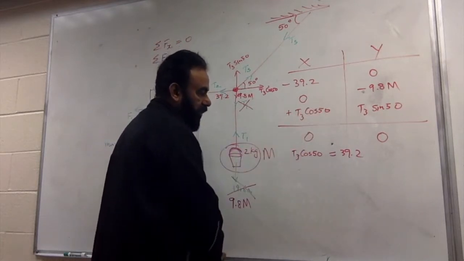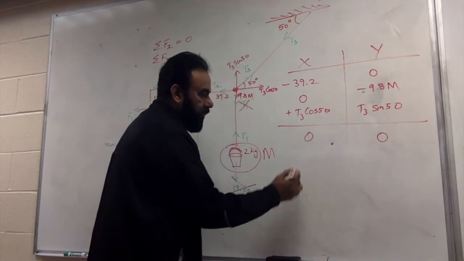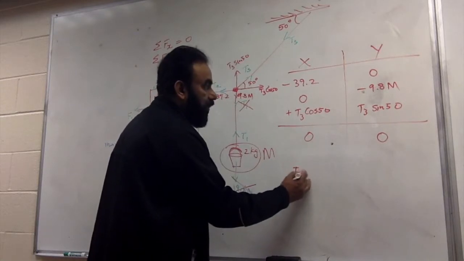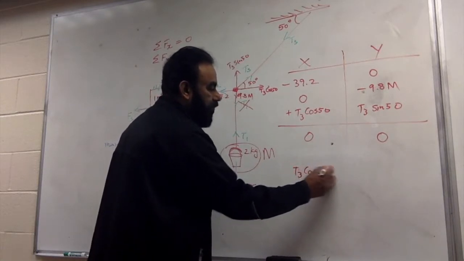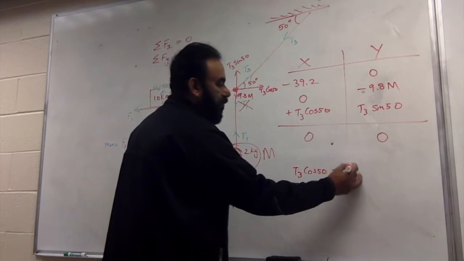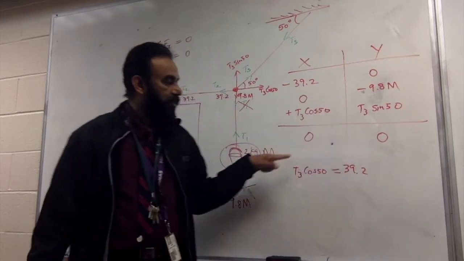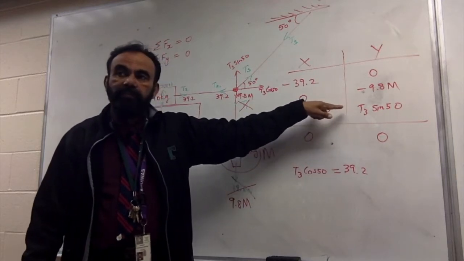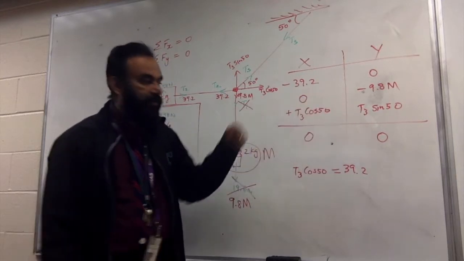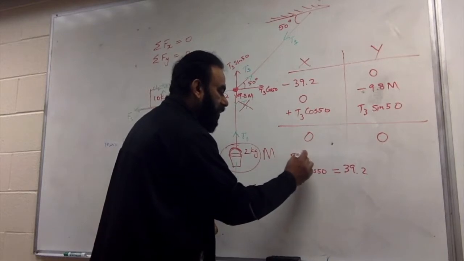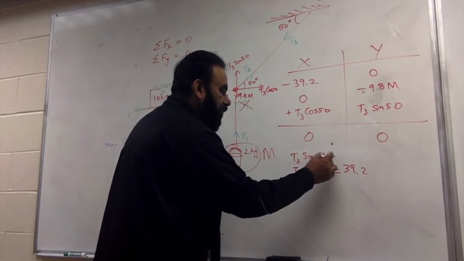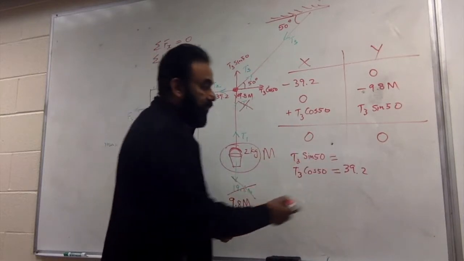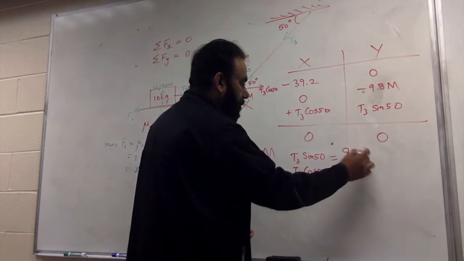T3 cosine 50 is equal to 39.2. And I'm going to write this one above this. What do you write here? T3 sine 50 is equal to 9.8 m. Is that okay so far?